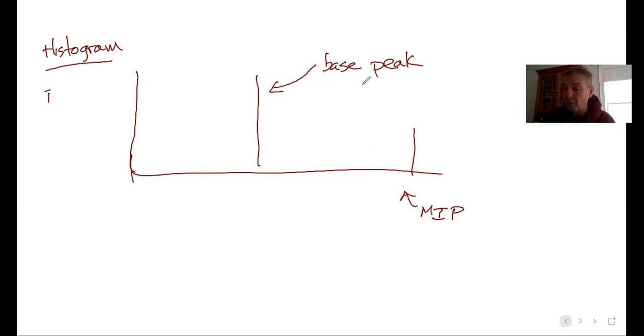So we call this y-axis the relative abundance. How much of each one is showing up? Relatively speaking, there's a lot of that fraction and a little of the molecular ion peak, and there's some of that and some of that.